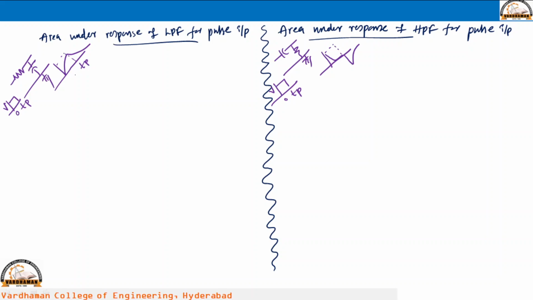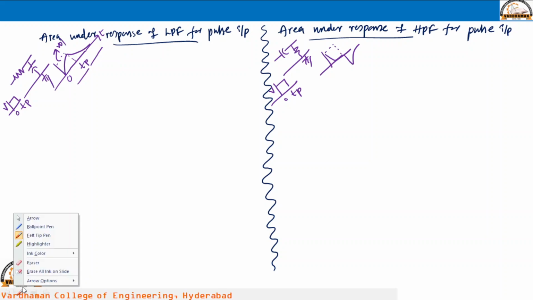So, if you observe one thing here, two different curves are there. One is increasing curve from 0 to Tp and decreasing curve from Tp to infinity. These are the time limits. Okay. So, 0 to Tp we will take one curve. So, this one I am representing with V01 and second curve I am representing with V02.